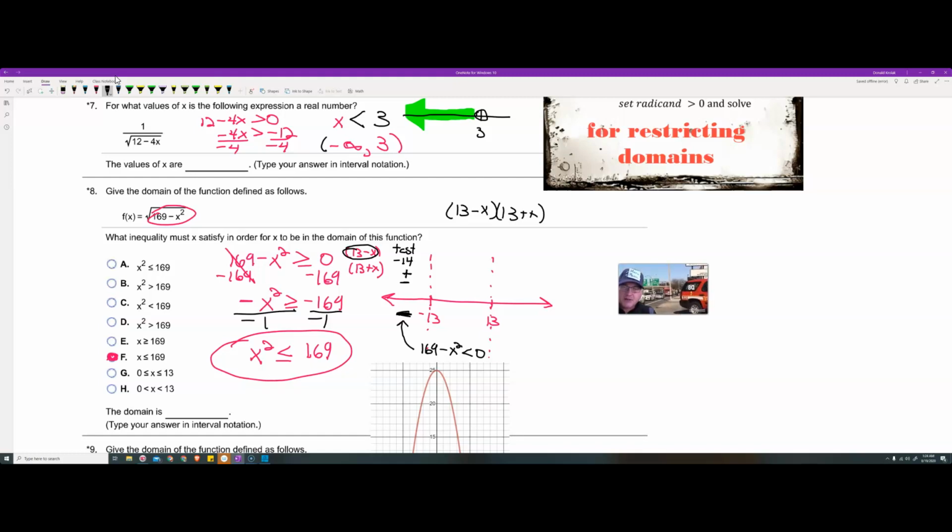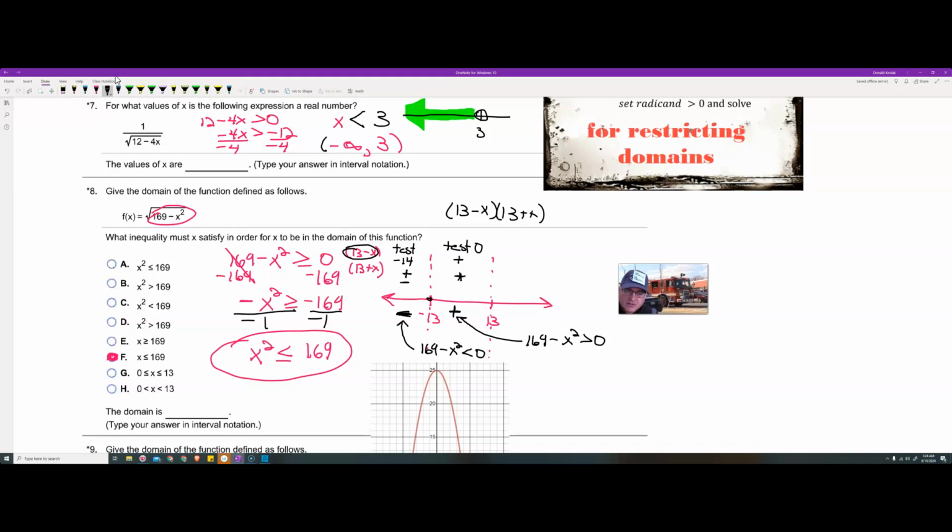Now we'll pick a number in this interval. A good test number would be 0. So 13 minus 0 is positive. 13 plus 0 is positive. So in this neck of the woods, between those two numbers, the value of this expression is greater than 0.